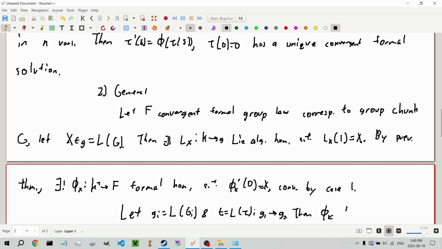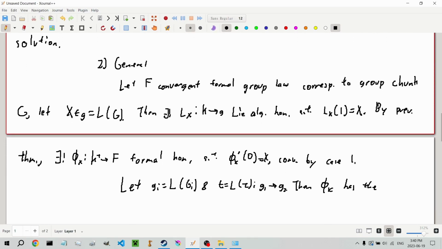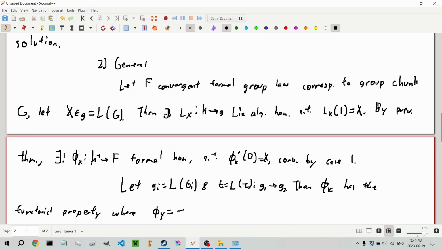Then φ_X has the functorial property where φ_Y is τ_F of φ_X formally, for X being an element in 𝔤_1 and Y being τ of X.